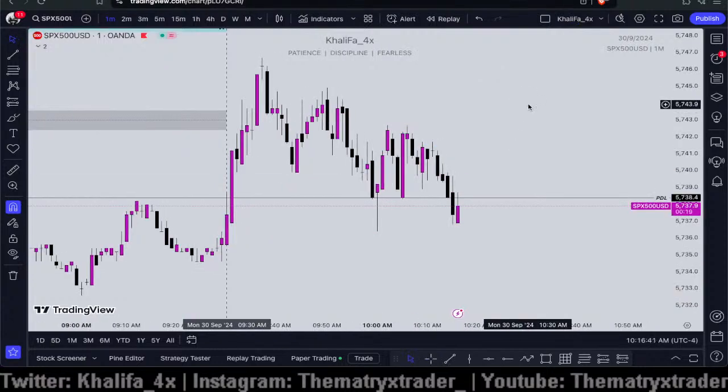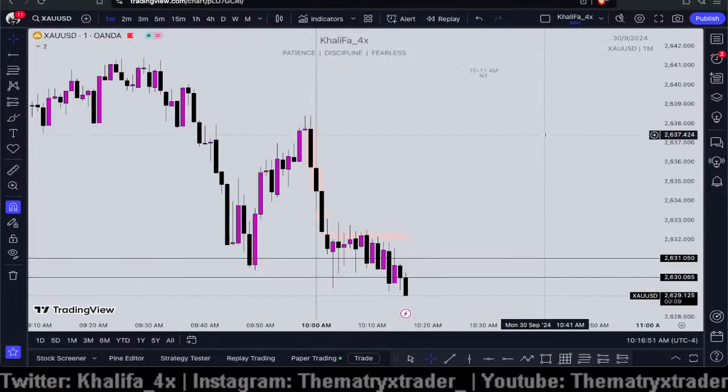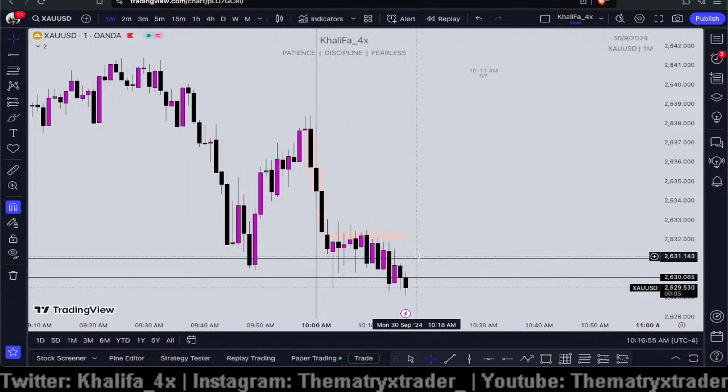And I usually only trade Nasdaq mostly, but sometimes I look at gold as well, because gold keeps making all-time highs, so that's the reason.